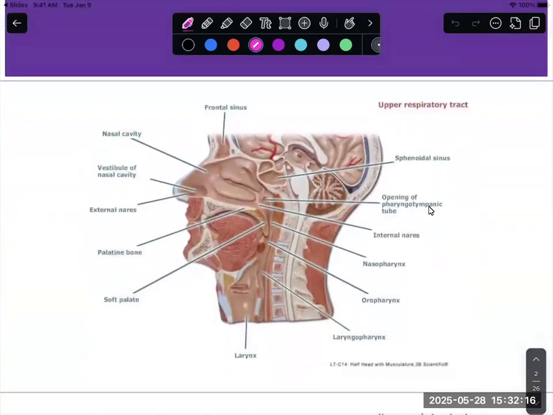So, our upper respiratory tract or upper respiratory system here. There'll be a couple things that could be review from Anatomy 1, like that frontal sinus, that sphenoidal sinus, those different sinuses that we can see. The paranasal sinuses are technically those maxillary sinuses.